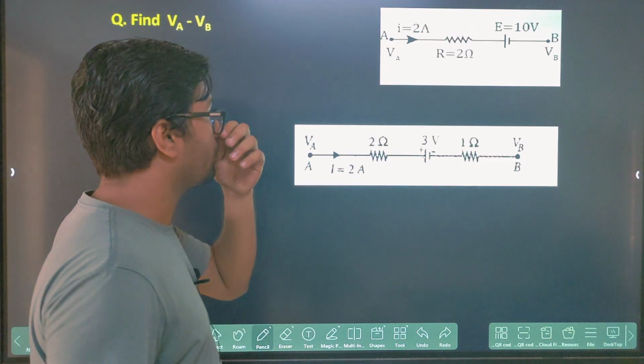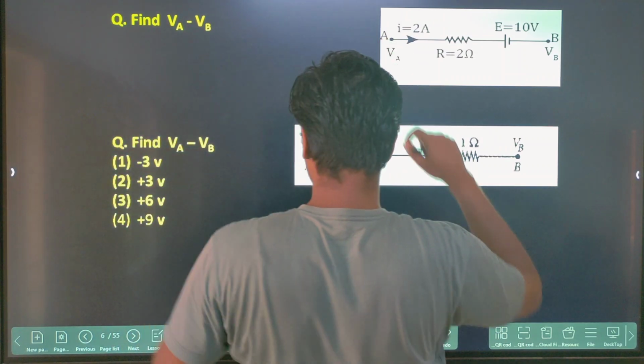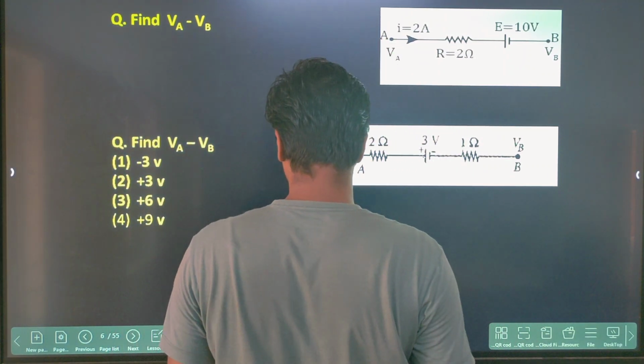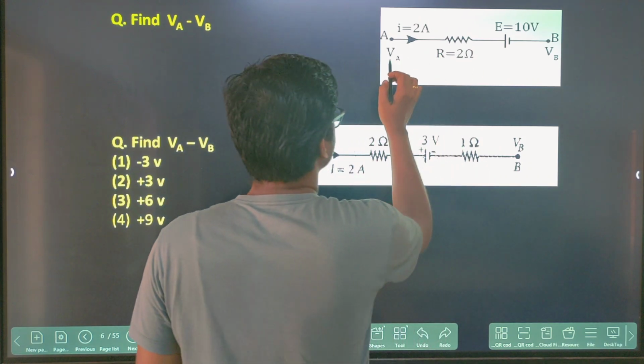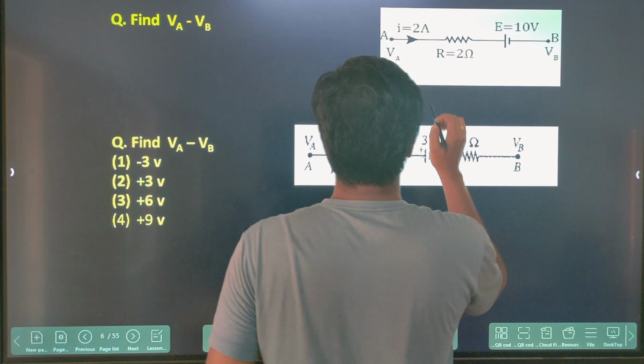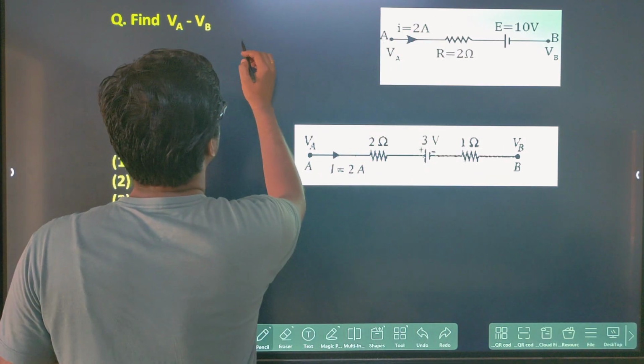Now let's do some problems. This problem we can do easily. They are asking VA minus VB, so it will be easy for you to find out. This is VA, and 2 ampere current is going. So I am just drawing here again.